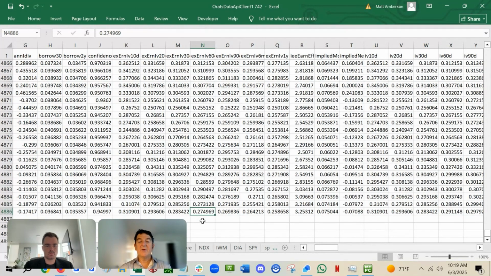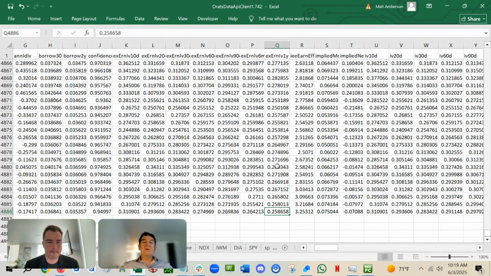So you can tell there's 1.5 vol points of earnings in that one. And then you can see that IV90 is also 29, but it's 27 here. So those are very interesting. The X earnings is more stable.